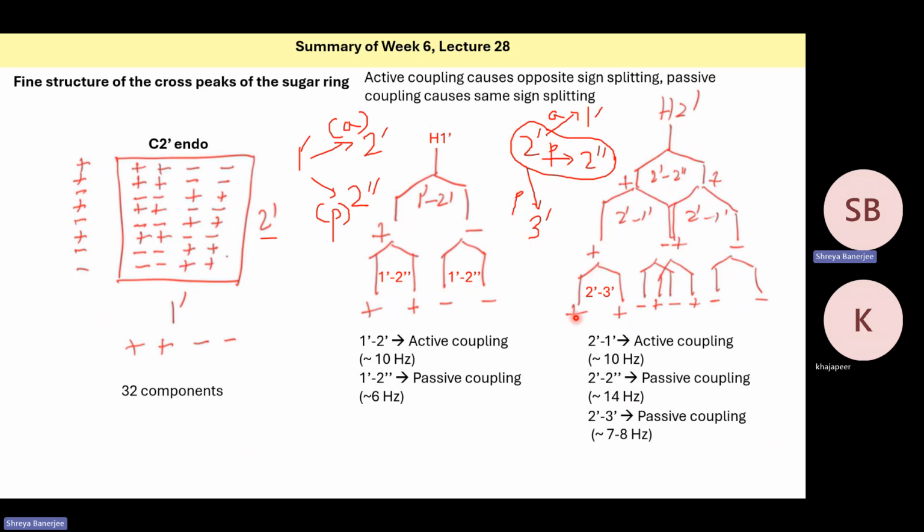So plus gives rise to plus plus, minus gives rise to minus minus, plus gives rise to plus plus, and minus gives rise to minus minus. So this is the order of the signs in the C2 prime. And now you have 8 components. So you have 8 into 4, that is 32 components of this peak. So this is the fine structure of the 1 prime 2 prime peak.